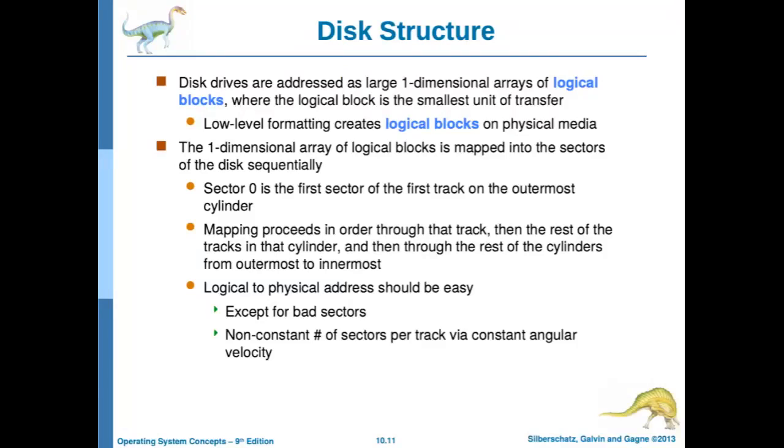Now there is something called bad sectors. If there is a storage problem, a few can be marked as bad sectors where data cannot be stored. So that is what happens at a very low level.